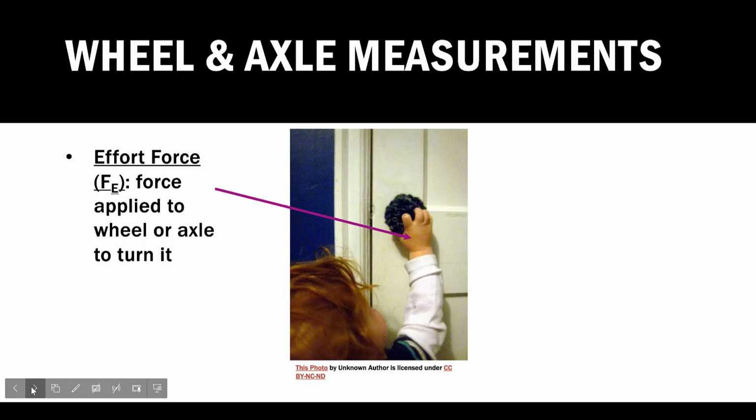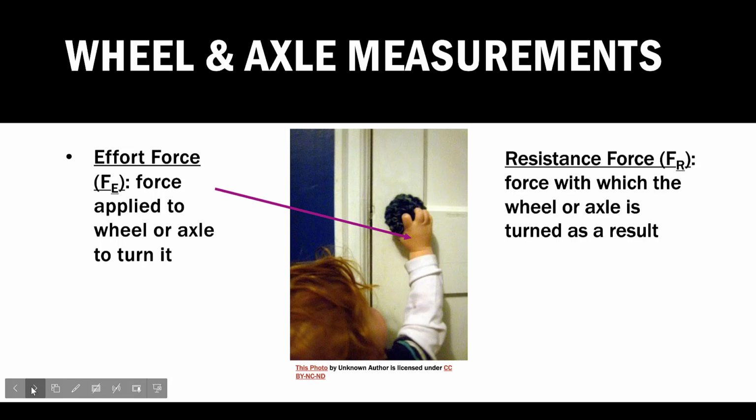So that's your effort force. It's what the hand is doing. The axle is the part of the doorknob that actually goes into the door, and that's what's going to turn as a result. And so that's where our resistance force is applied. So effort force is basically where the hand is: where is the force being applied to turn something? And resistance force is what is turned as a result.